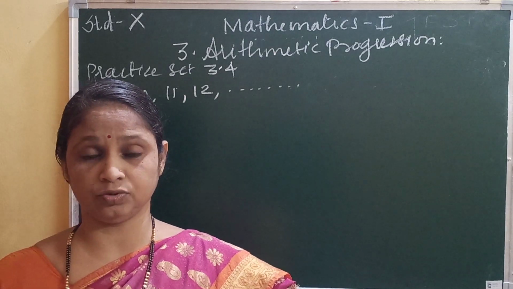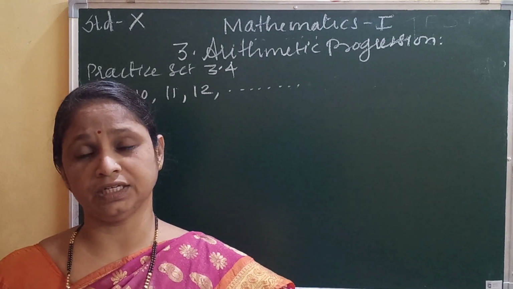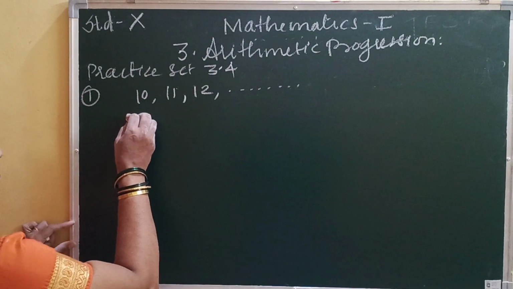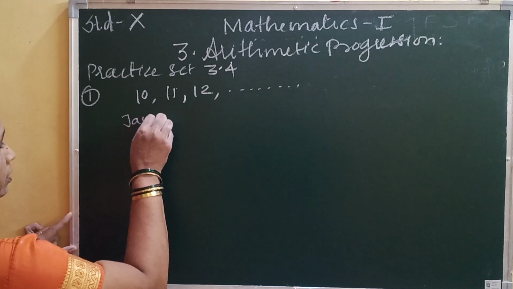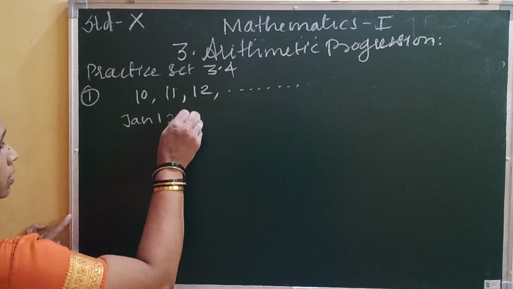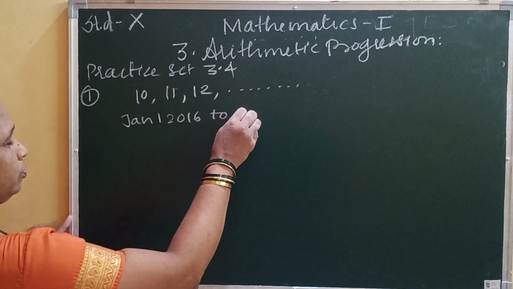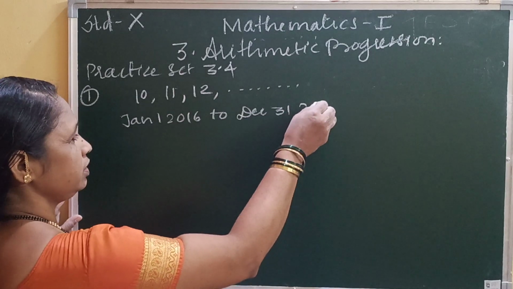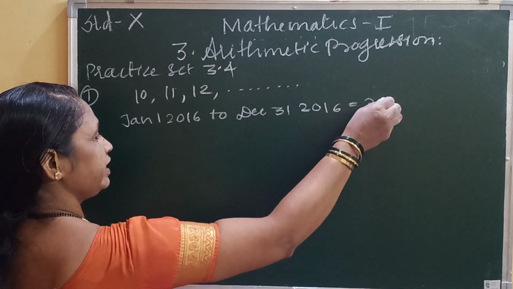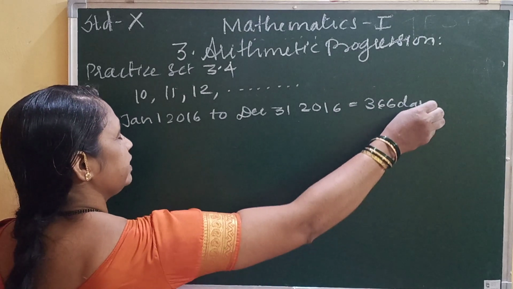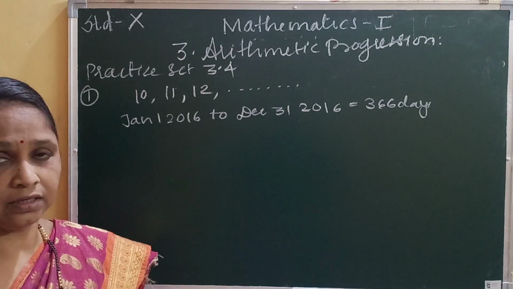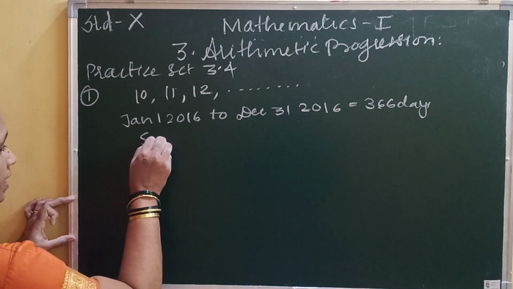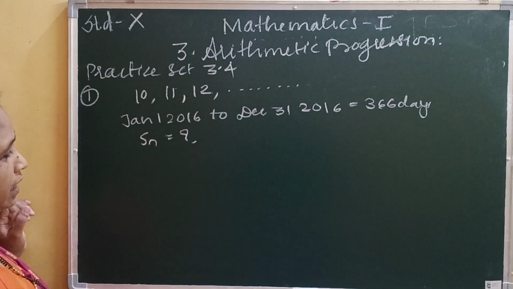So the number of days from January 1, 2016 to December 31, 2016 will be how many? 366 days. So we have to find the sum of 366 days. So Sn you have to find out.